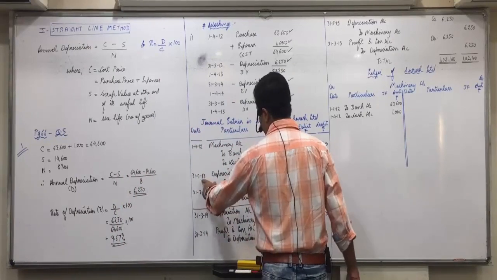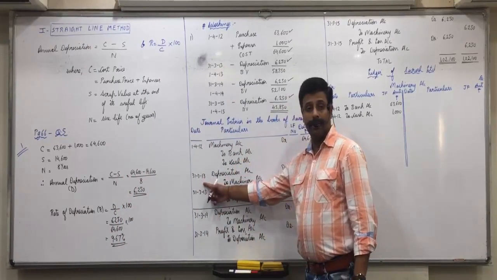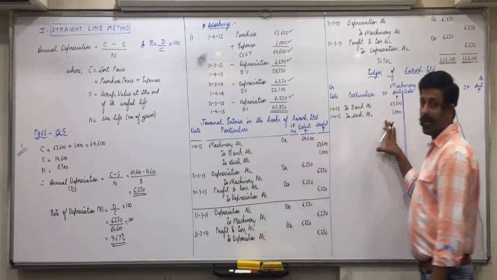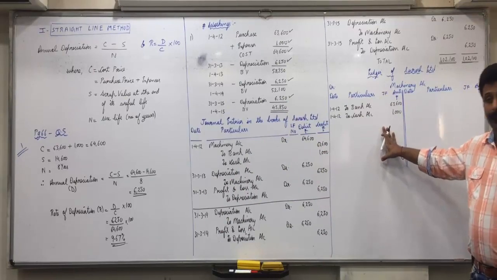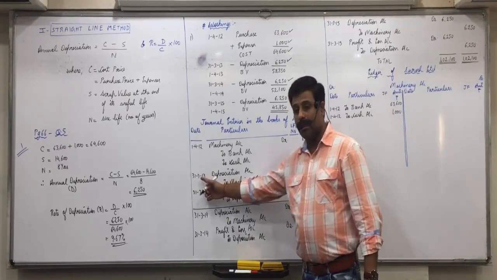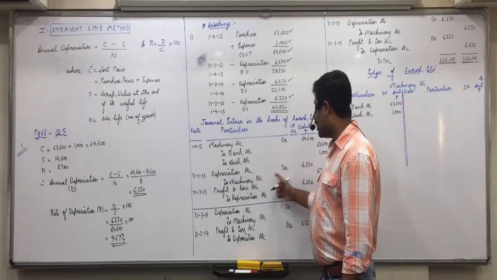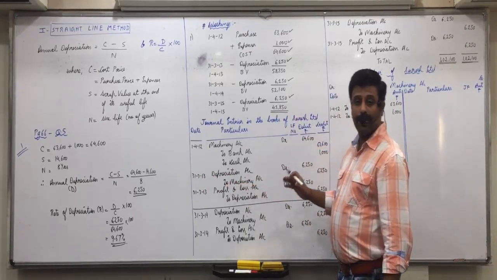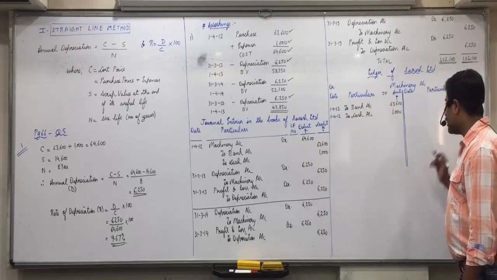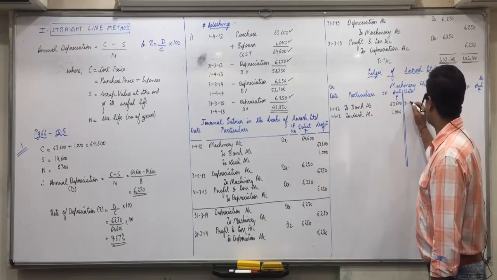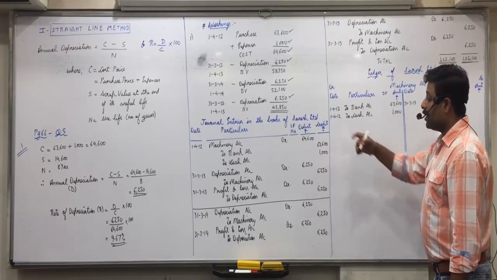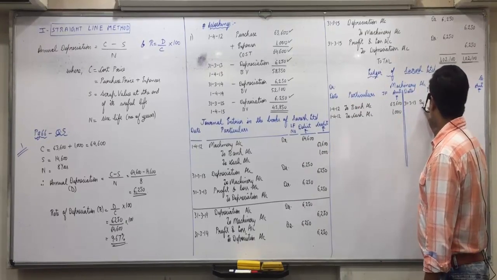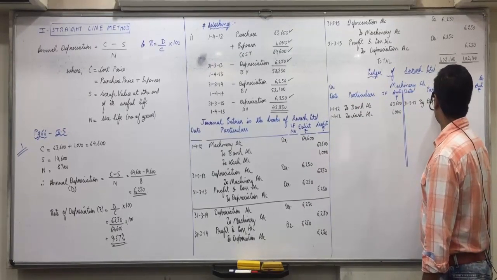Now second entry, 31/3/13. Anyone still writing this? Raise your hand. Second entry 31/3/13: depreciation account debit to machinery account. To machinery account, so in machinery account we'll write on the credit side. The date is 31/3/13. Name of opposite account: by depreciation account.